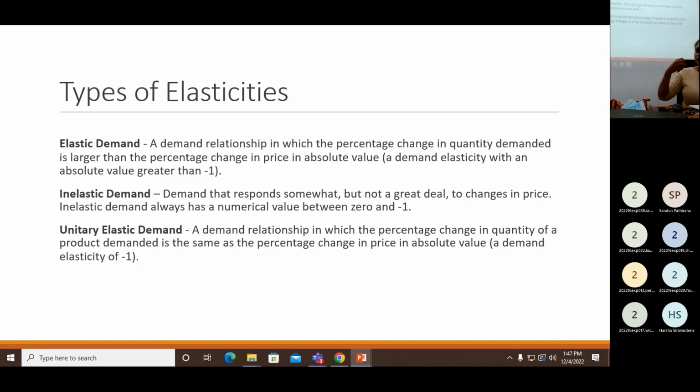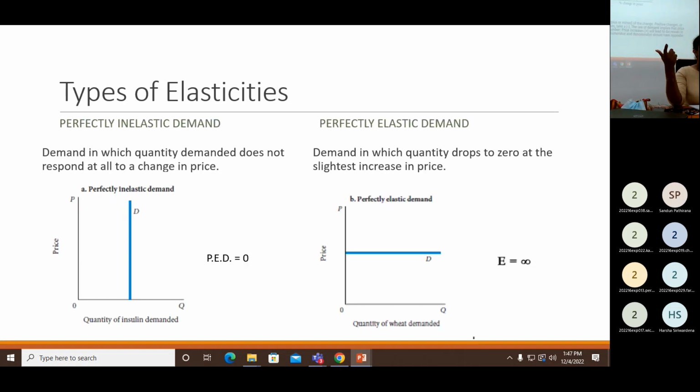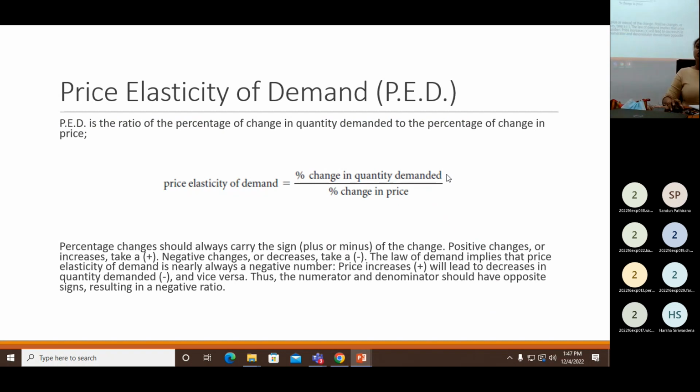Elastic means quantity demanded is more responsive to a small change in price. So for a small change in price, the change in quantity will be larger.